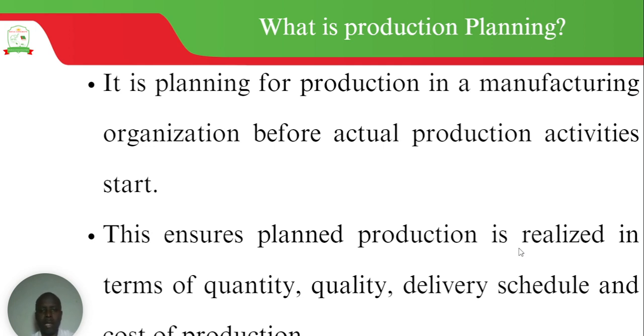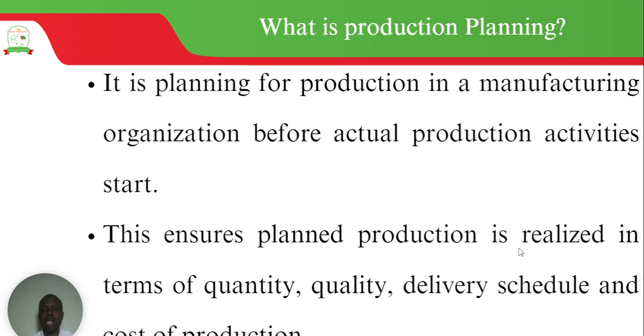And we are saying it is planning for production in a manufacturing organization before actual production activities take place. We all know the importance of planning, the emphasis of planning. When we plan, even in the management of organizations, we are able to move forward as one team. We are able to know who is going to do what in what activity of the organization.